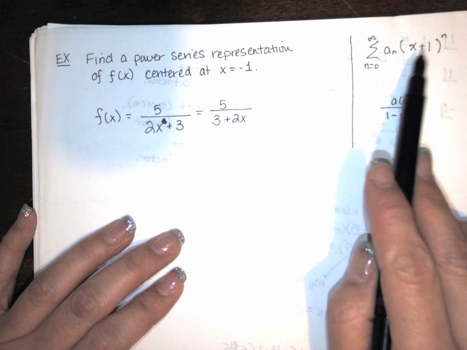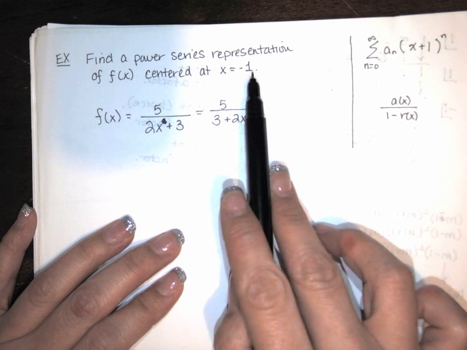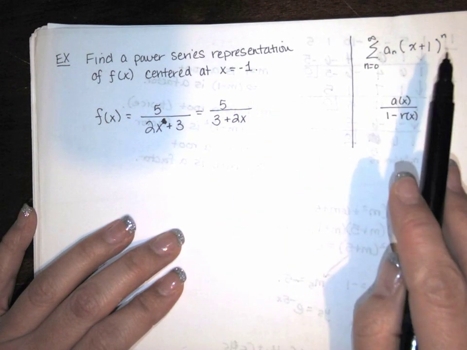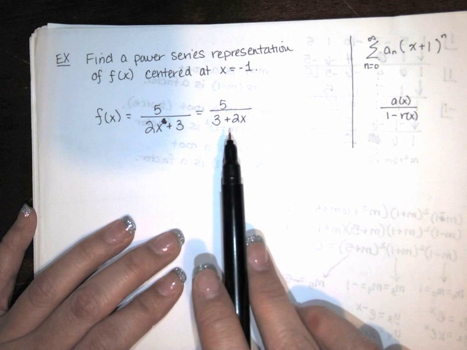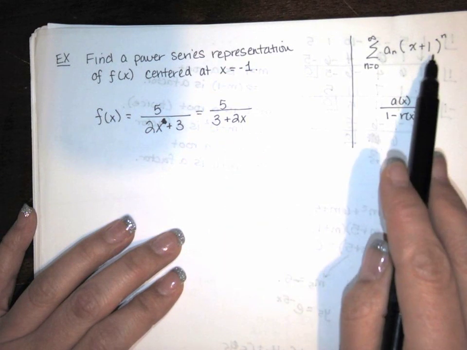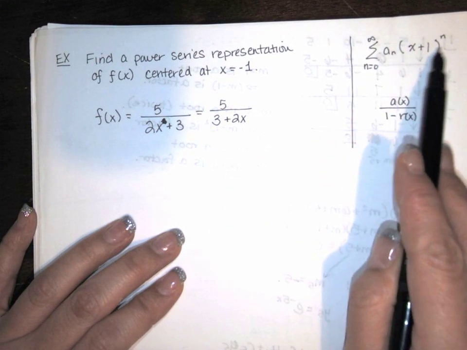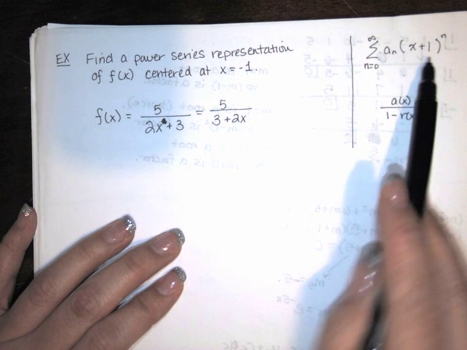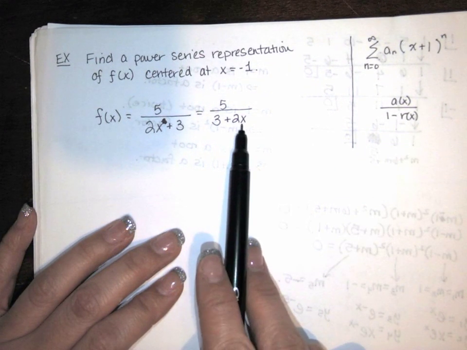So you would see a plus 1 there if the center is at -1. Okay, so I'm trying to get an x plus 1 in my r of x, because this is going to be something times r of x to the n. So I need an x plus 1 here, not just an x. Right now it's got an x there.